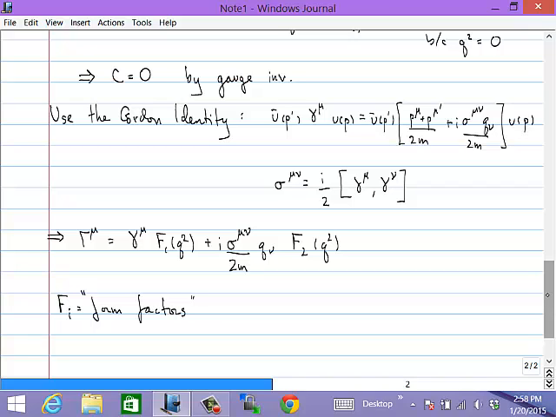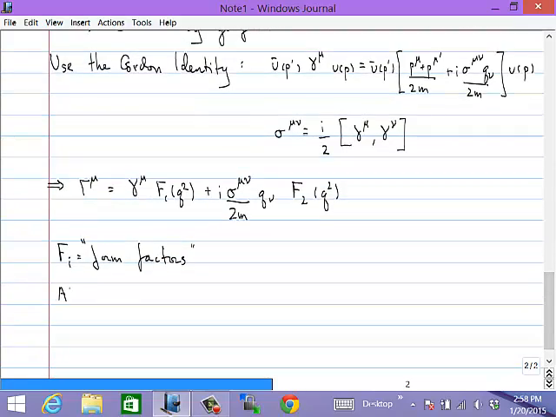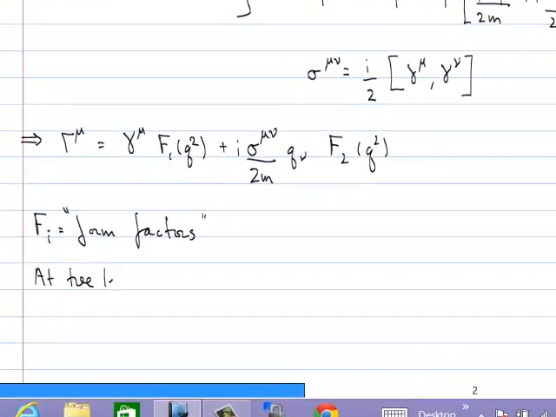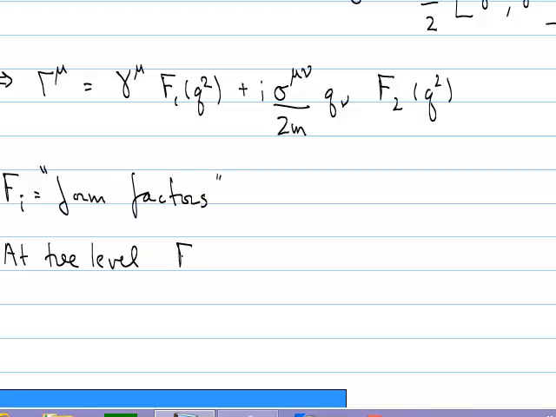So for example, at leading order, that is to say at tree level, f1 is just equal to 1, and f2 is equal to 0. That's just the standard electron vertex.